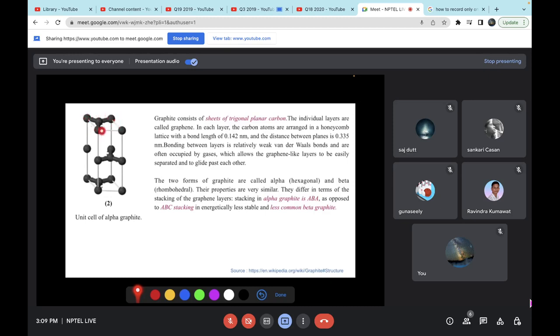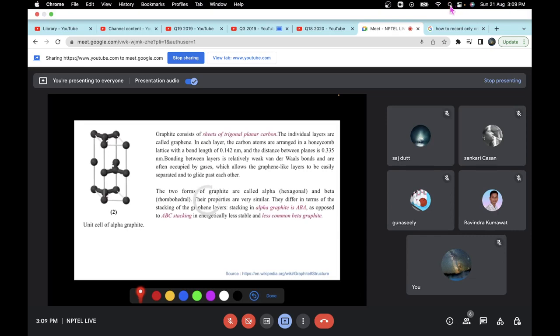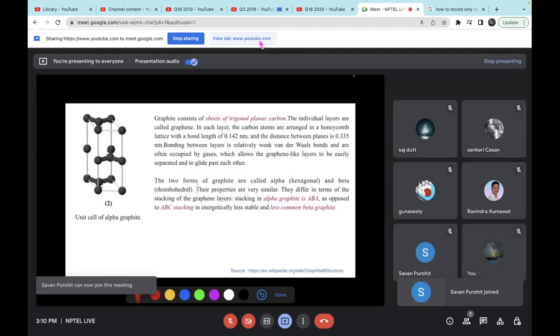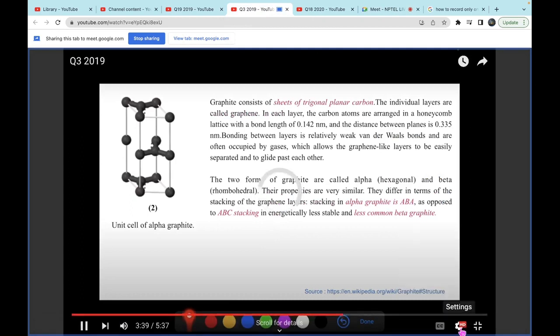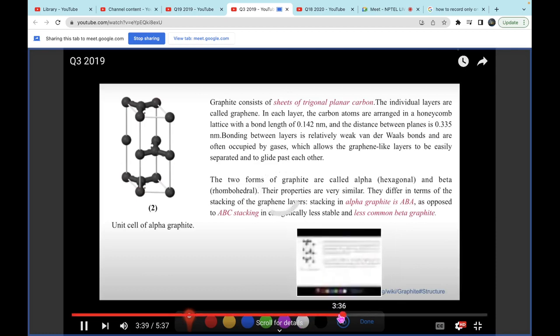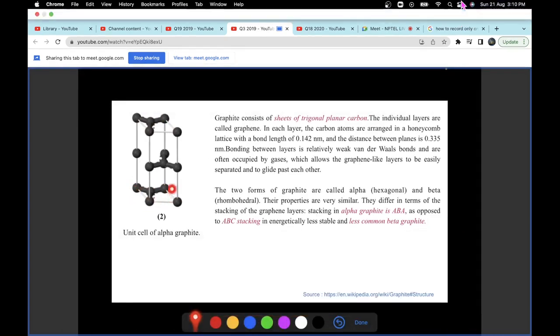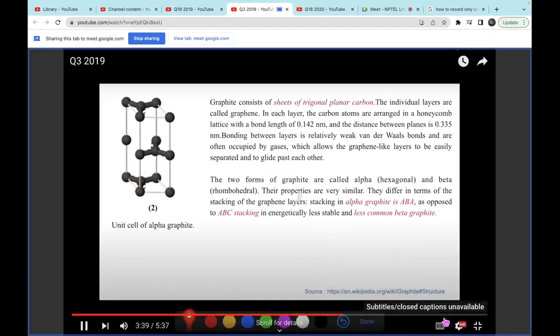Here you can see, if this is the A pattern, it is repeating in the third one.